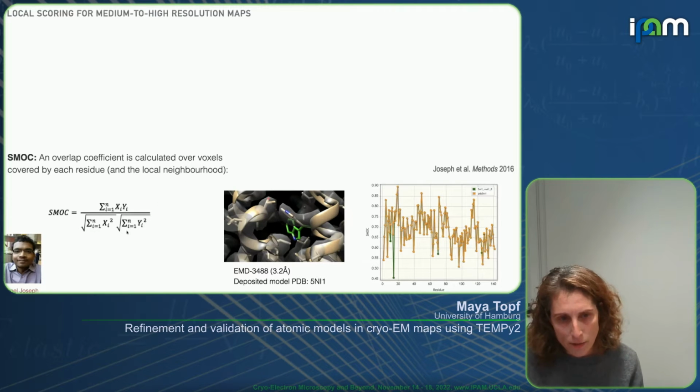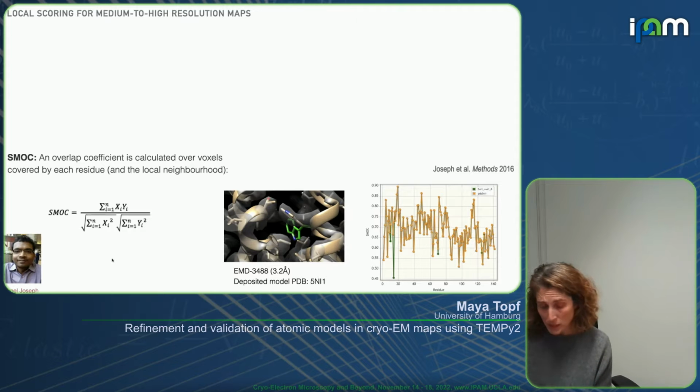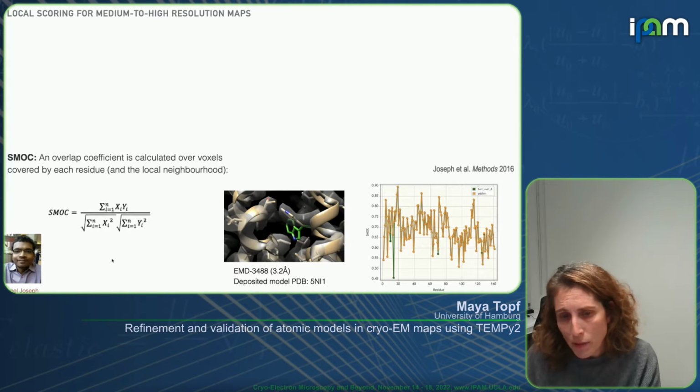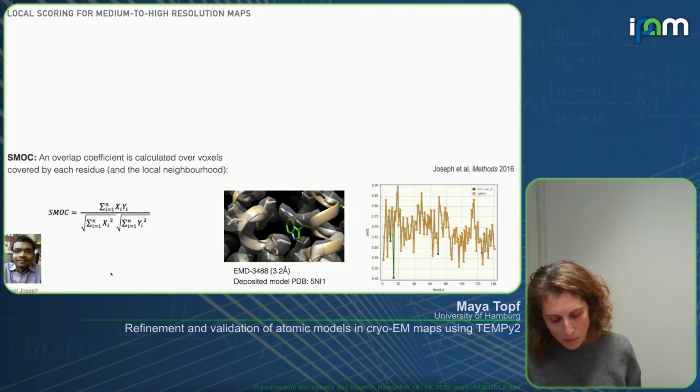Agnel Joseph, who is now at STFC developing the CCPM package, developed the SMOC score at the time. The idea was to either look at overlapping windows centered on a given amino acid, or later we also developed it specifically around the amino acid.